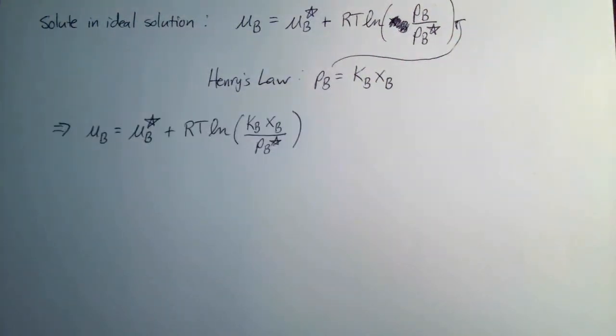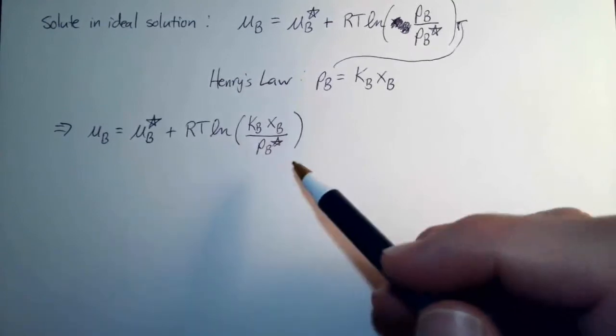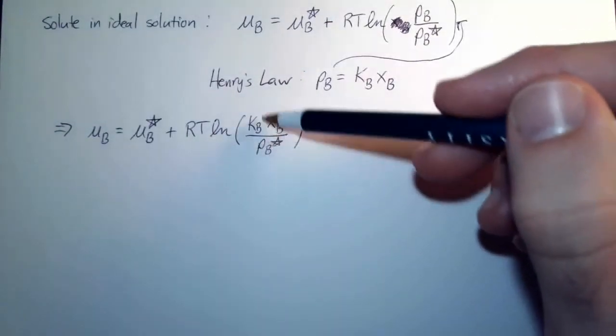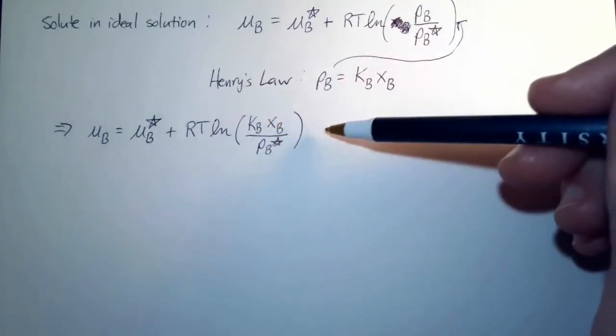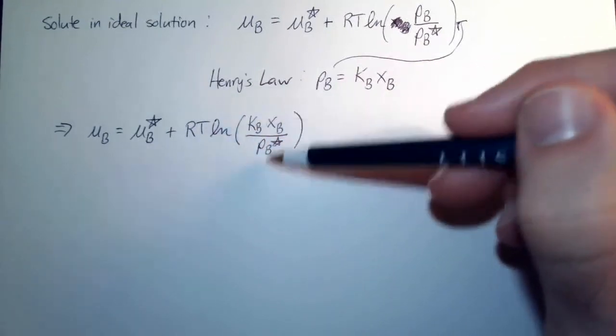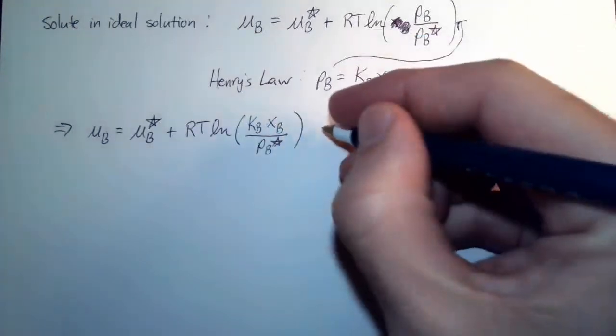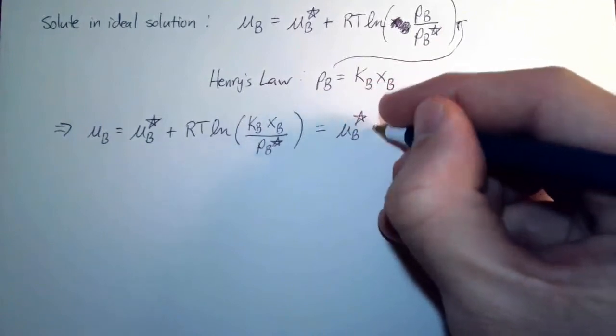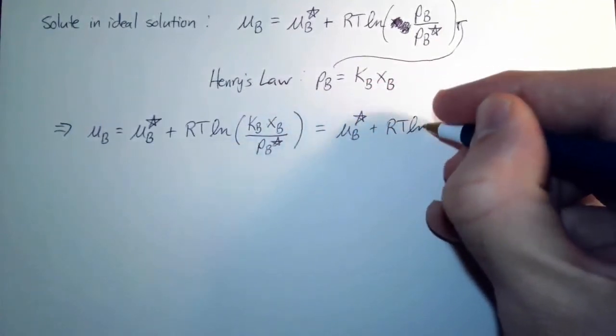So I get this. And I'm going to rearrange this natural log a little bit. I'm going to keep the KB and the PB star together, but I'm going to separate out the XB because it's a product with these others. So I can write it as another logarithm that's added to the first.